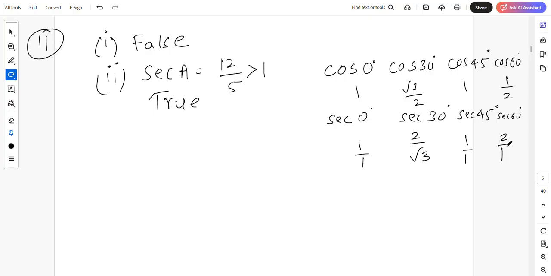Hope you have understood this. The minimum value is 1, and secant A is always greater than or equal to 1, so that is true.